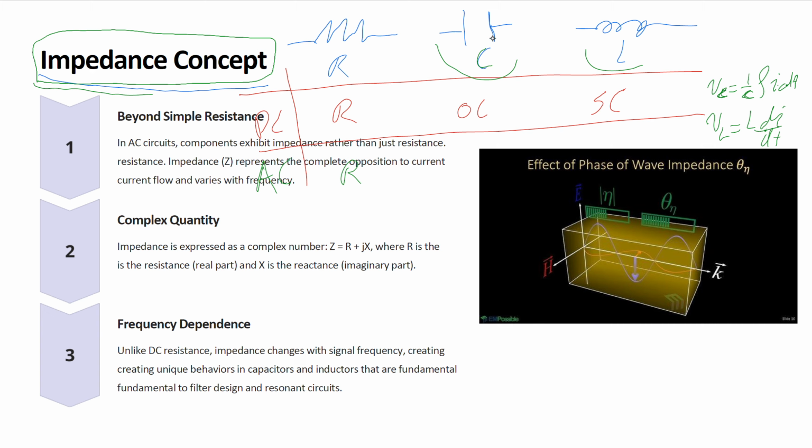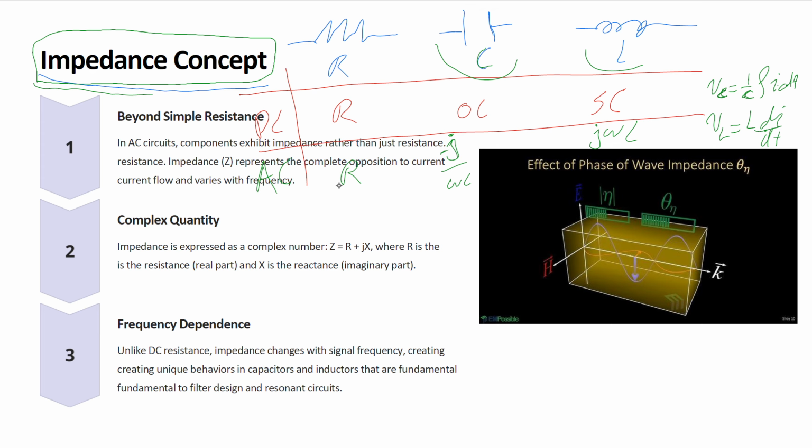The impedance of the capacitor, we call it minus j over omega C, because it has an integral relation between voltage and current. And for the inductor, we have an impedance equal to j omega L, because we have a differential here.